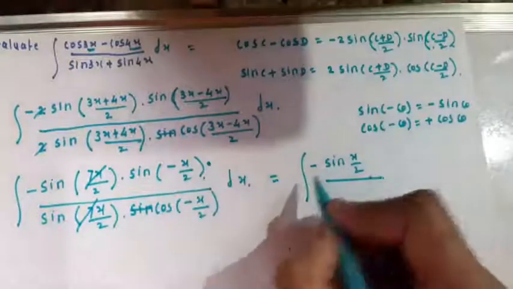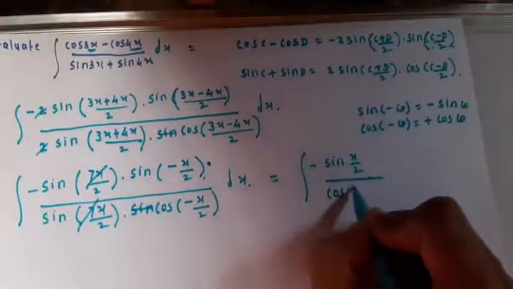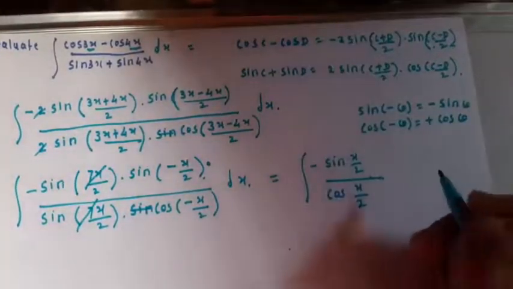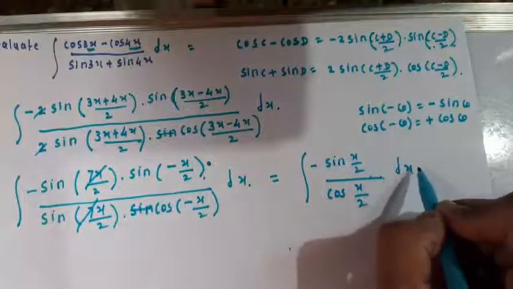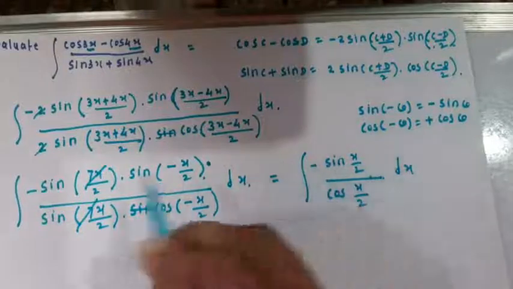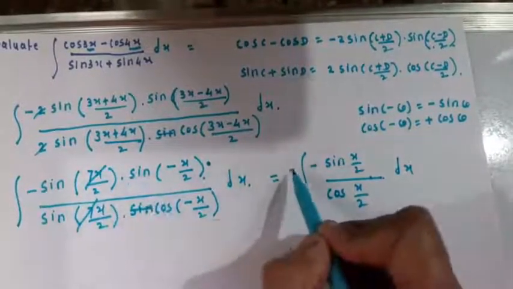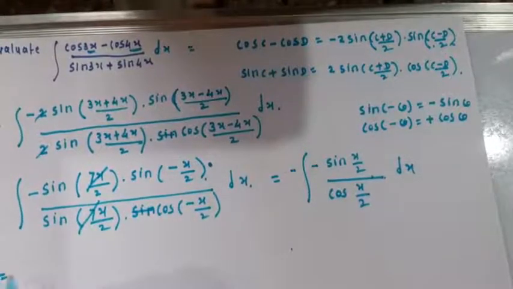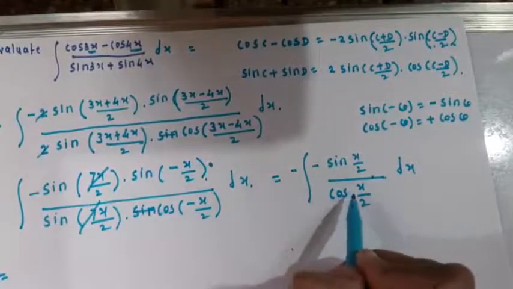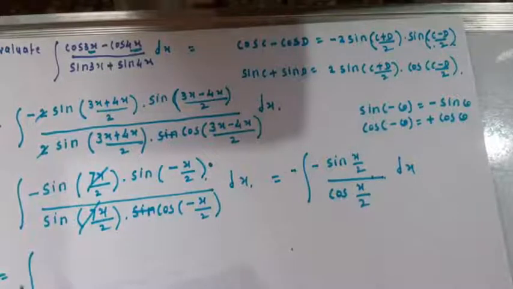Therefore this is cos of x by 2 with respect to x. And now minus and minus becomes plus, and this is equal to sin x by 2 upon cos x by 2, and that is equal to tan of x by 2.